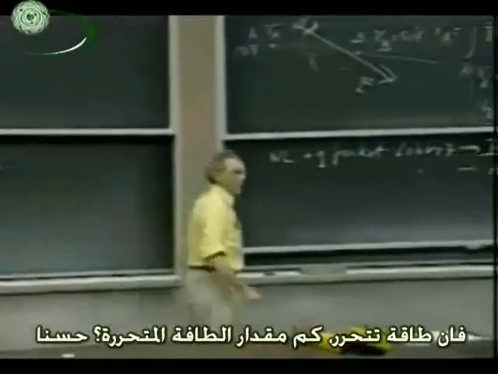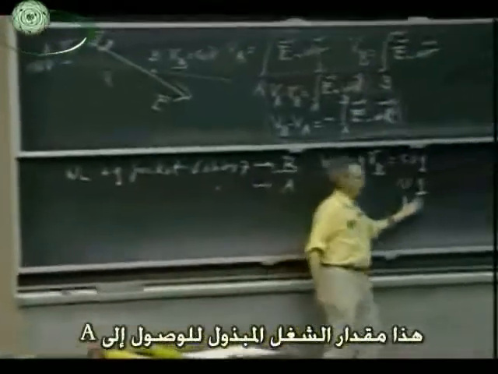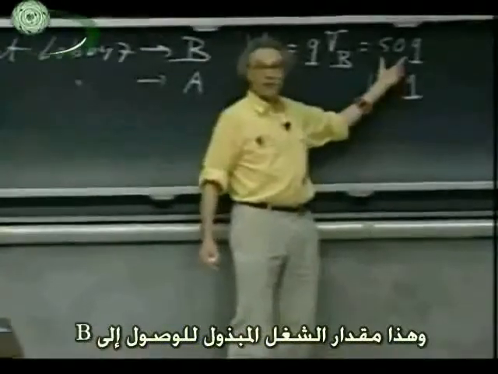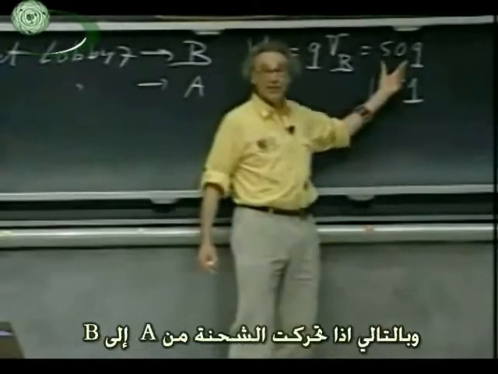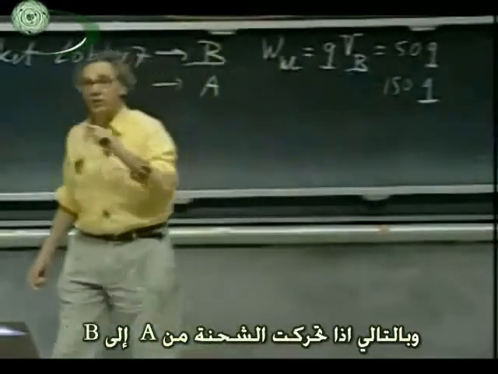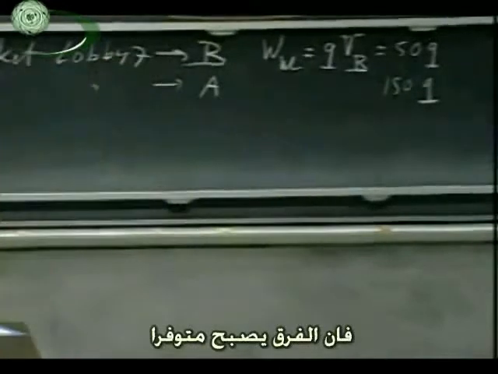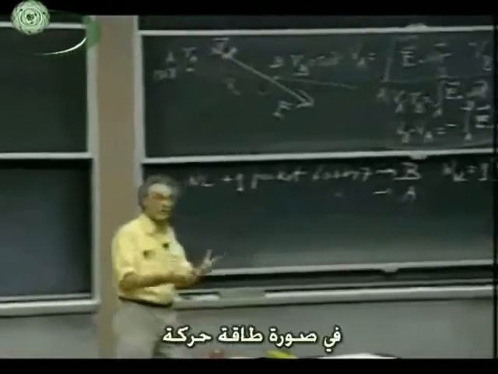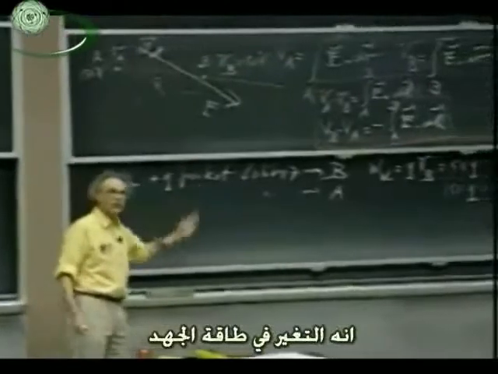How much energy? Well, this is the amount of work I have done to get to A. This is the amount of work I did to get to B. And so if now the charge goes back from A to B, it's the difference that becomes available in terms of kinetic energy. It's a change in potential energy.